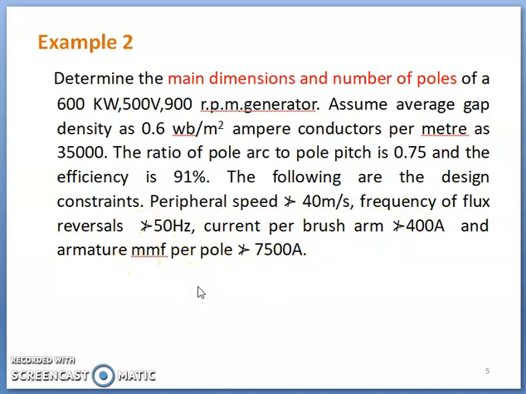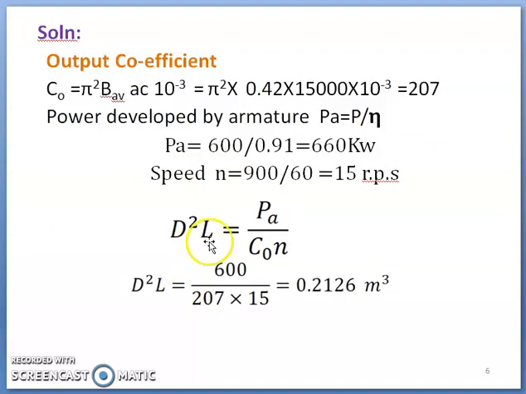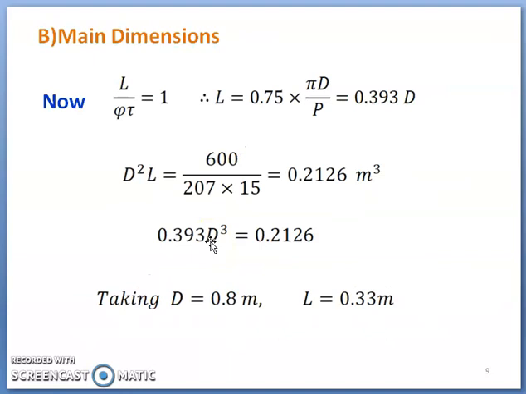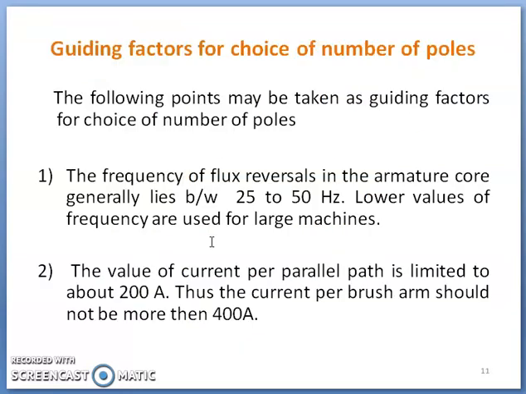Before we proceed to the solution, let me recall some basic theory about the guiding factors for choice of number of poles. This concept we have already discussed while discussing selection of number of poles.